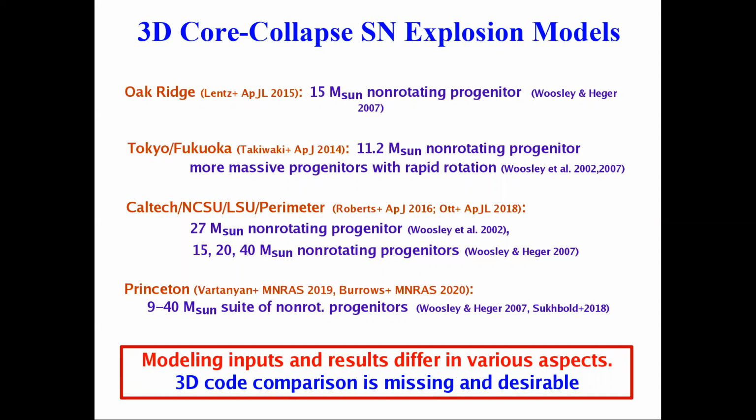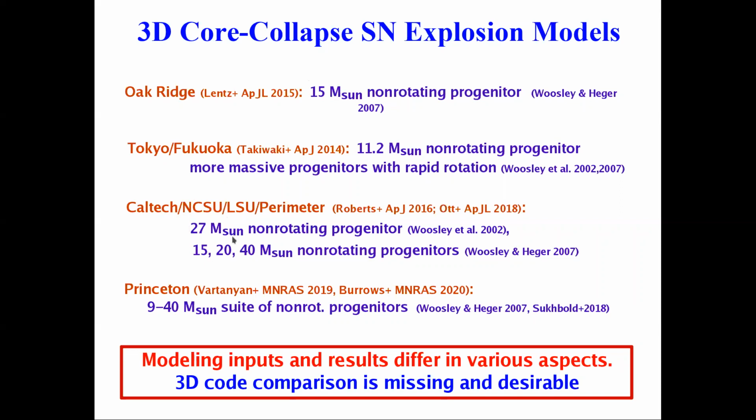We were the first group putting out some successful 3-dimensional explosion models in 2015. And some groups, except for this Japanese group, have just started with their own models. I exclude here the Oak Ridge group, which came out in the same year. So they just started from a different progenitor model. We didn't investigate that model at that time, so they were parallel to us and did it independently.